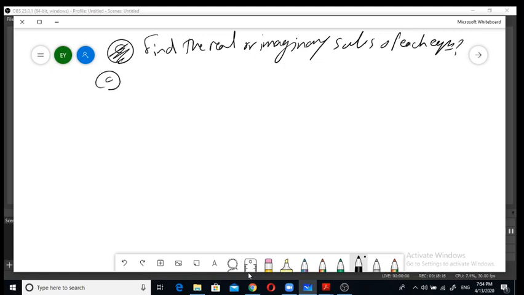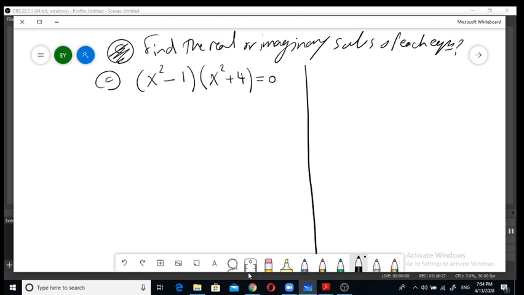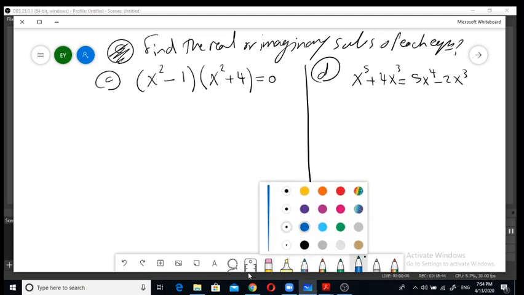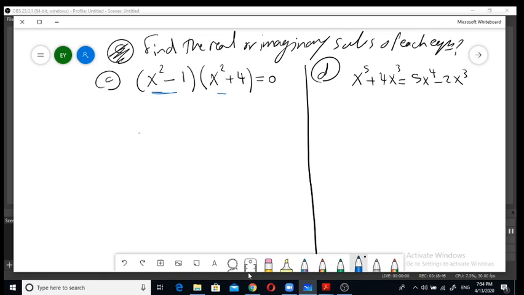C, x squared minus 1 times x squared plus 4 is equal to 0. D, x to the power 5 plus 4x cubed equals 5x to the power 4 minus 2x cubed. How can we find the solution for this problem?